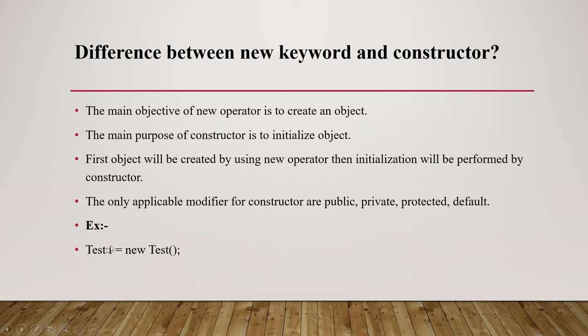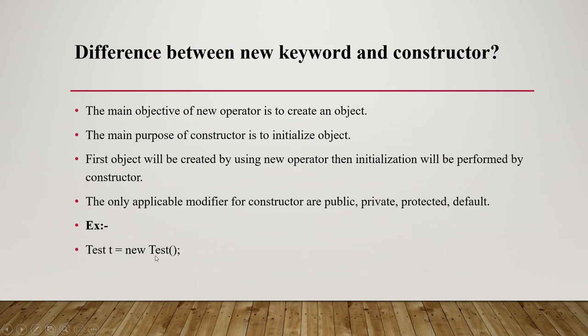So t is an object now, and after that we mention Test, which is the constructor. This is the initialization of the object. Every time, first we create the object, and after that initialization is performed by the constructor.